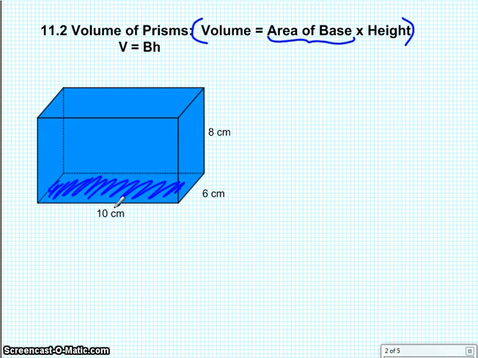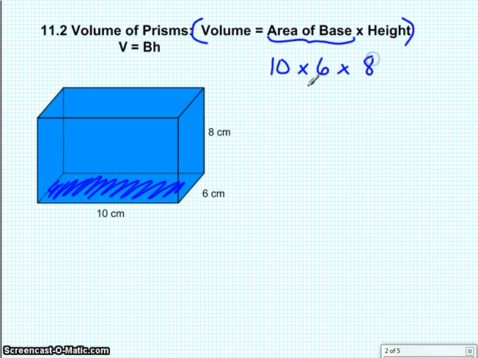So the base of this rectangle has a length of 10 and a width of 6. So I'm going to multiply, and remember the area for a rectangle is base times height. So I'm going to multiply 10 times 6, and then to get the volume, we multiply by the height of the prism, which is 8.